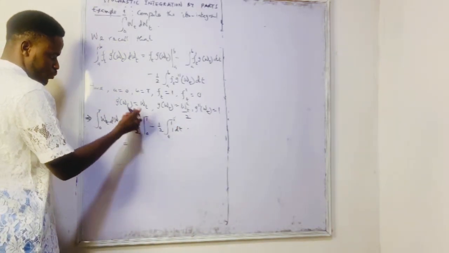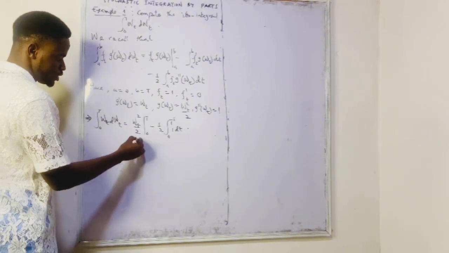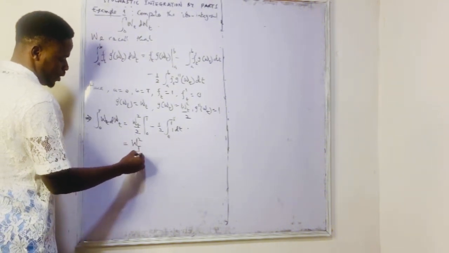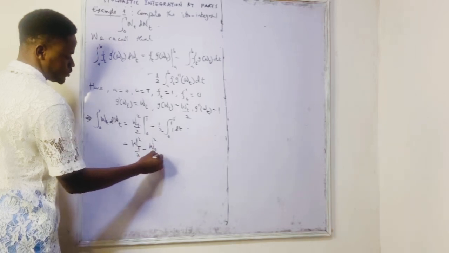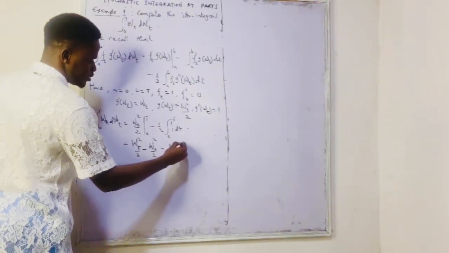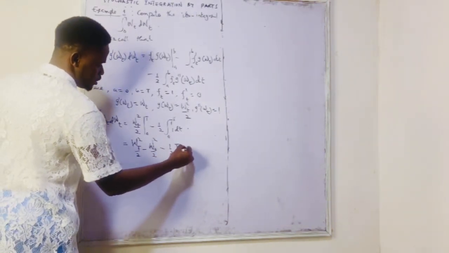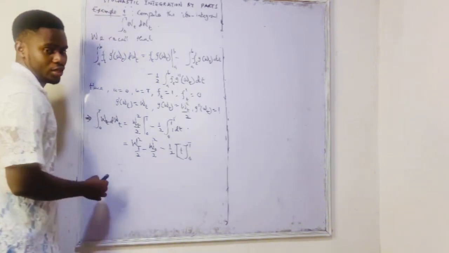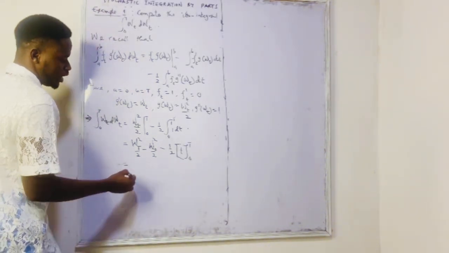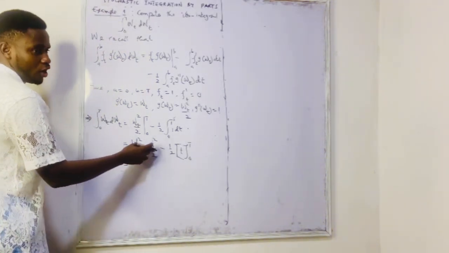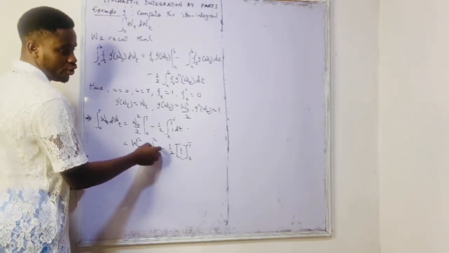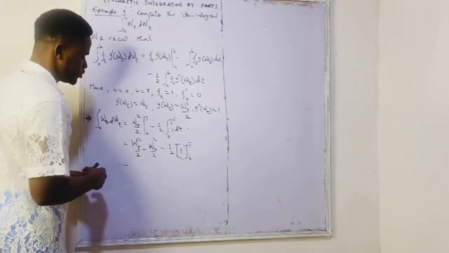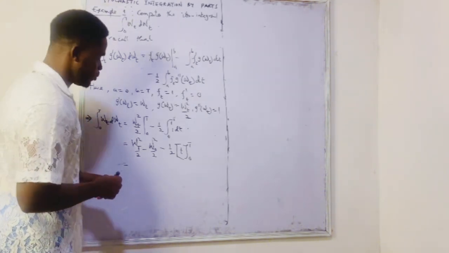So let's put in the limiting points. So this W_t squared divided by 2 minus when it's at 0. And let's integrate this to simply give us t with the limit. Take note that in Brownian motion, one of the properties is that W of 0 is 0, from the property of a Wiener process.